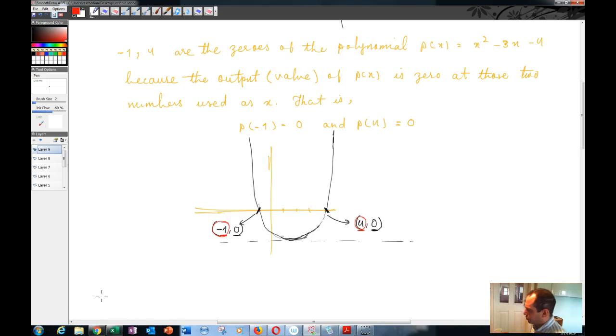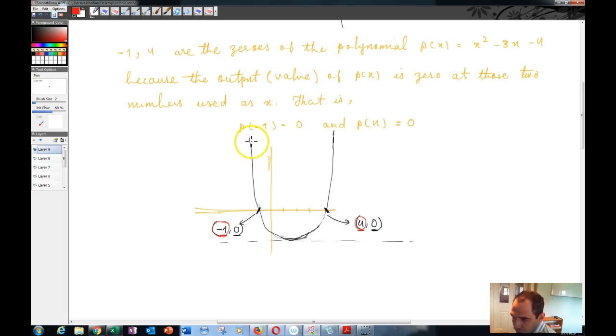By definition, we call these 2 points, -1 and positive 4, the zeros of the polynomial, and those are points where the output of your function is 0.